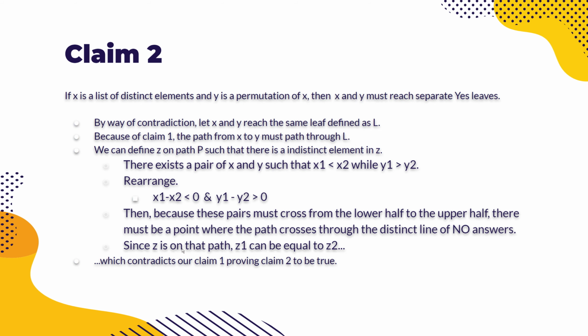And since z is on that path, z1 can be equal to z2. And since those two are equal, that means that there's an indistinct element in z, which contradicts our claim 1, proving claim 2 to be true.